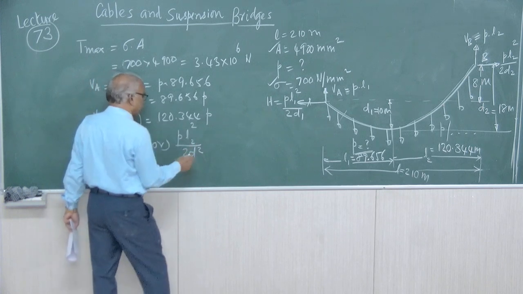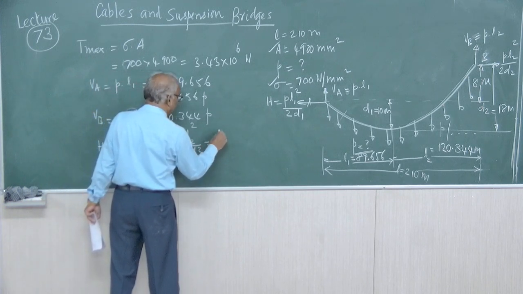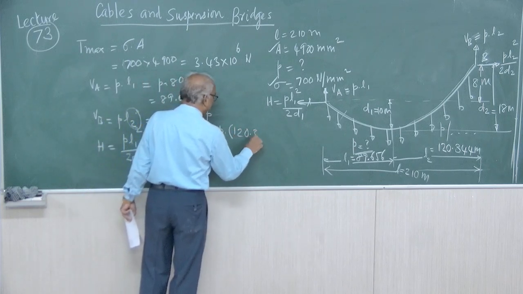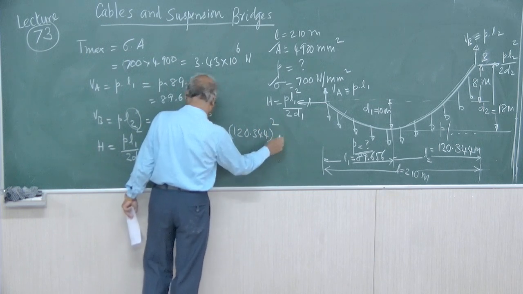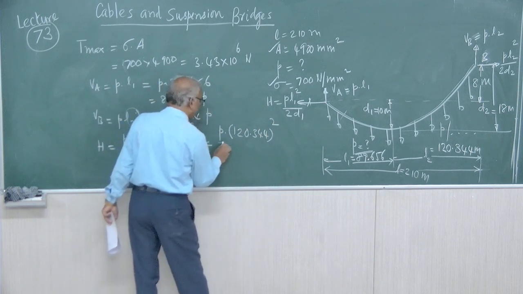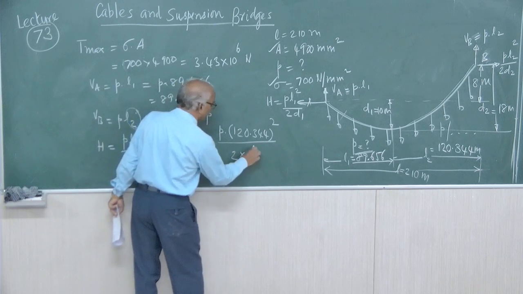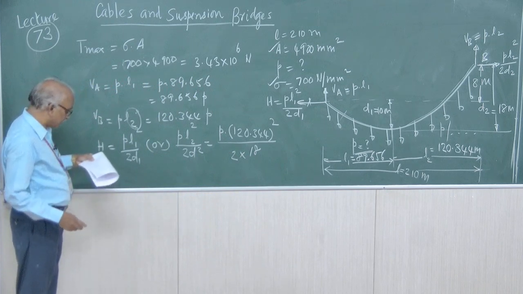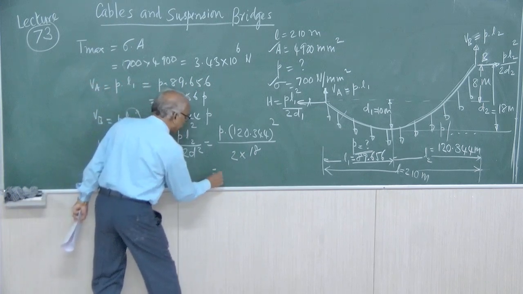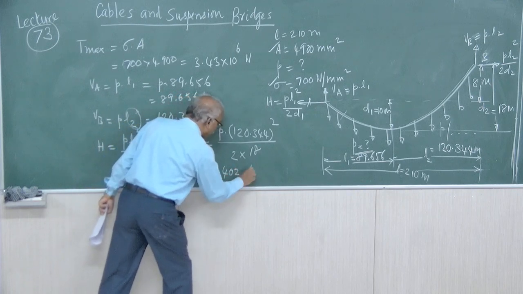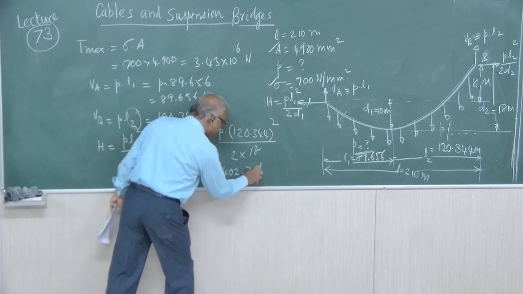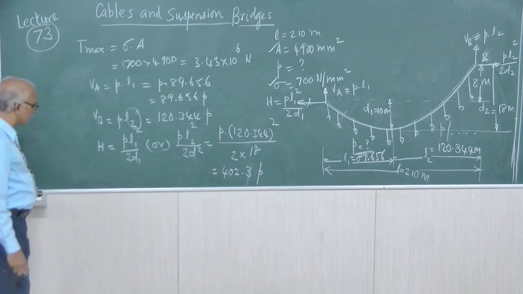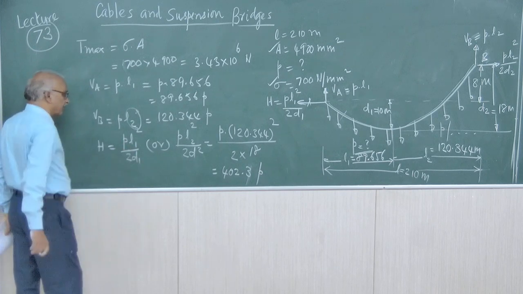P is unknown, L2 is 120.344 squared, P L2 square by 2 D2, with D2 equal to 18 meters. On simplification, this will give you 402.3 P. The first one will also give the same value.